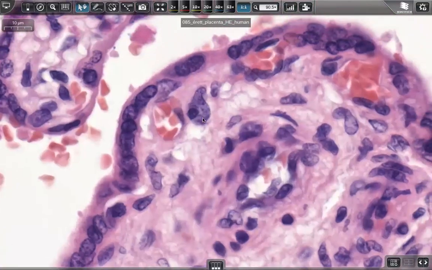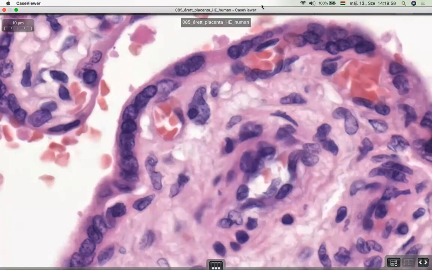Just a second, there is a really nice huge cell. It's different than the other mesenchymal cells. This is a macrophage, called a Hofbauer cell.